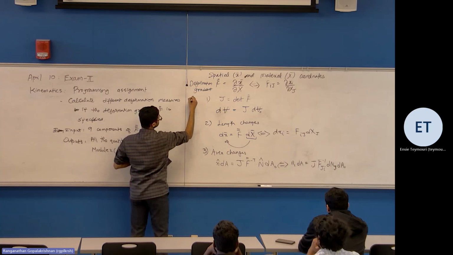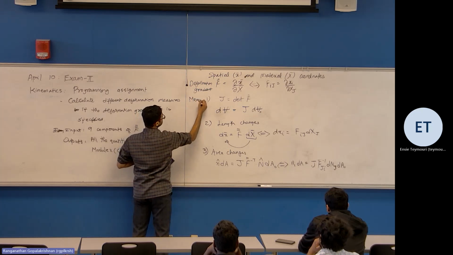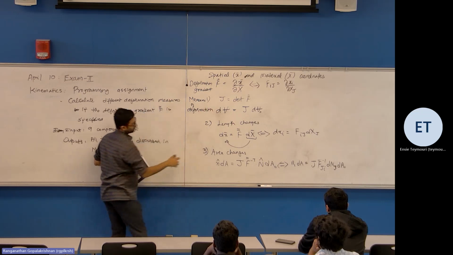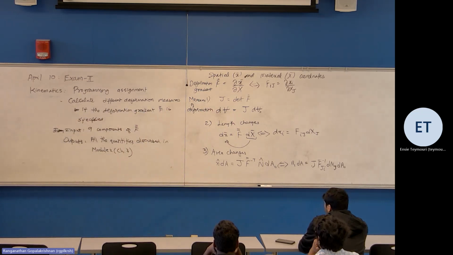And then various measures of deformation. It's going to be a long list. We have just seen three of those now, and we are going to continue seeing more. Any questions so far? No.